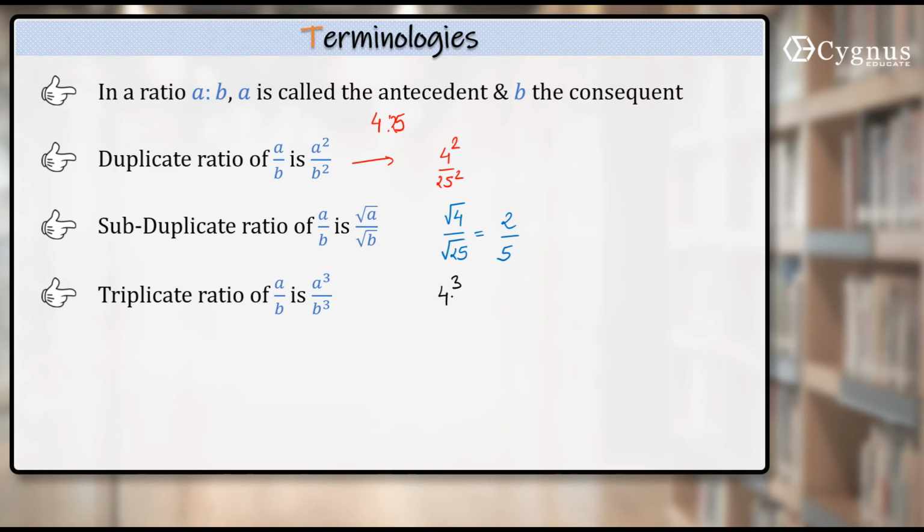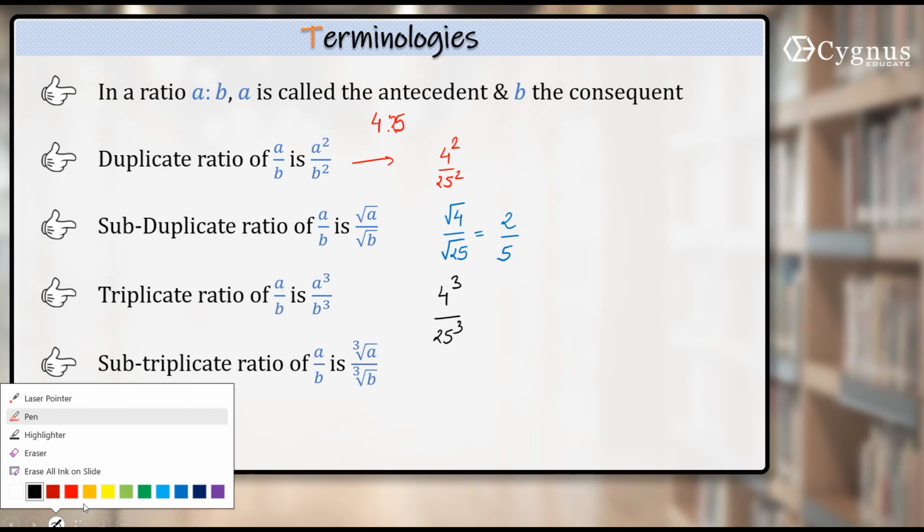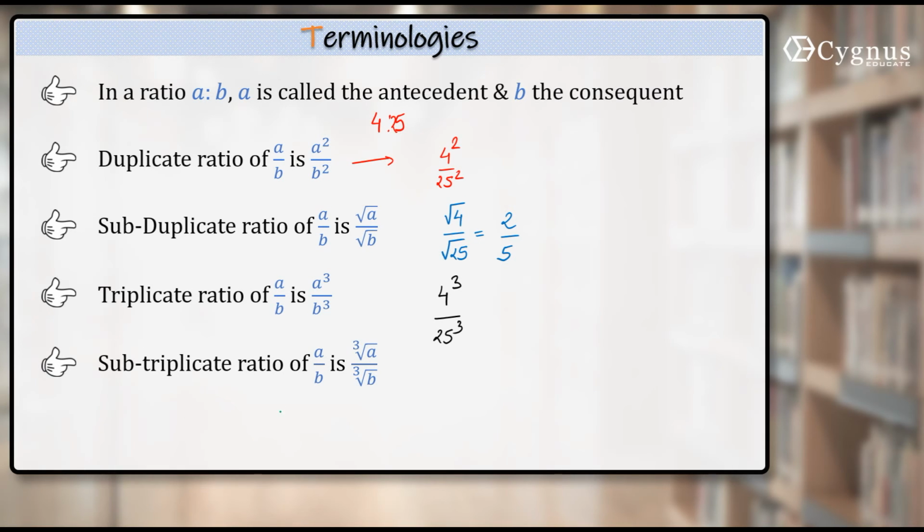That means the answer becomes 4 cube by 25 cube. Similarly, there will be another term, subtriplicate ratio. Yes or no? Now the subtriplicate ratio is cube root of A by cube root of B. That means cube root of 4 by cube root of 25. This should be the answer. These are a few terminologies which can be used in a word problem.